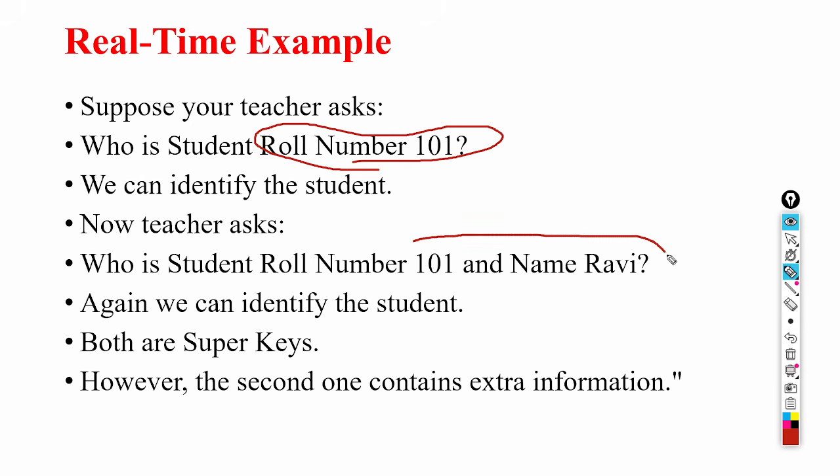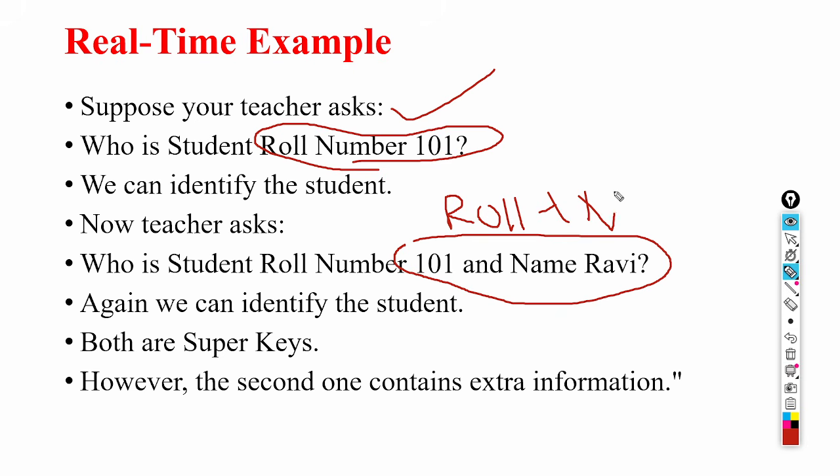So here roll number is a super key, and roll number plus name is also a super key. However, the second one contains extra information, an extra attribute.